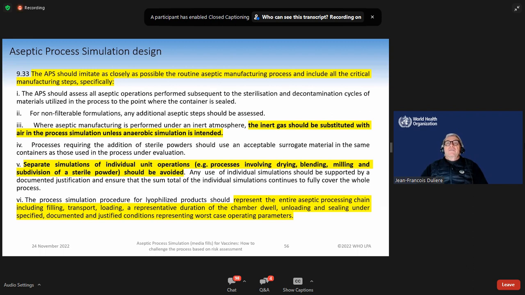You will have separate simulation of individual unit operation. For instance, for compounding or preparation or vaccine manufacturing, you can make this separately.